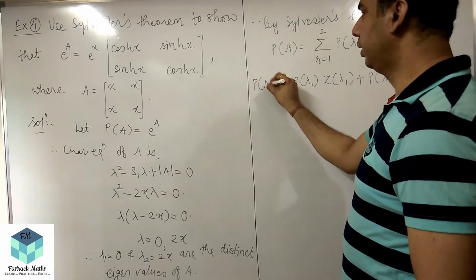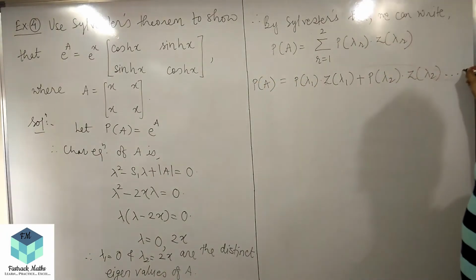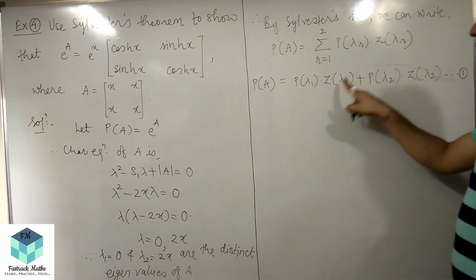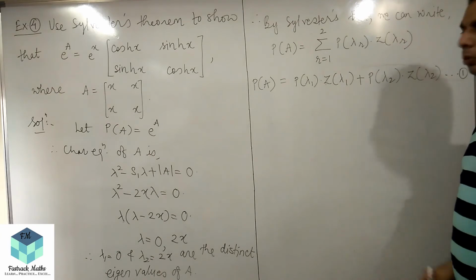So now we need to find the values of P of lambda 1, P of lambda 2, Z of lambda 1 and Z of lambda 2.